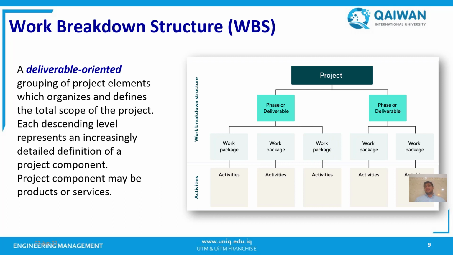It organizes and defines the total scope of the project in a deliverable oriented manner. Each descending level of the WBS represents a more detailed definition of a project component, breaking down the work into smaller and more manageable pieces.